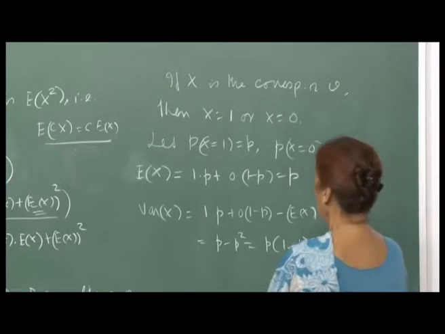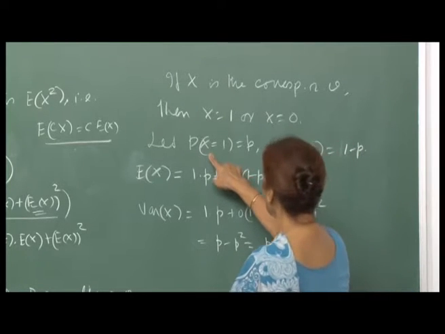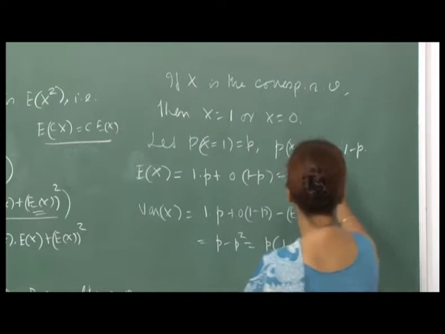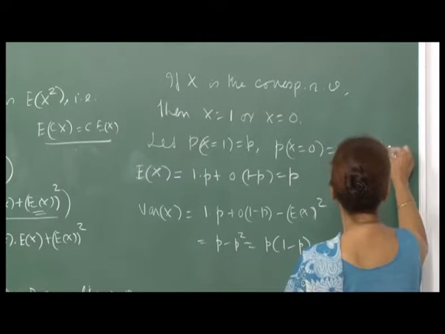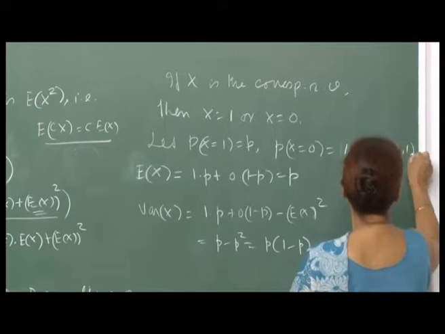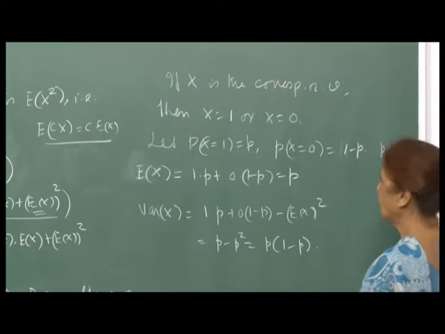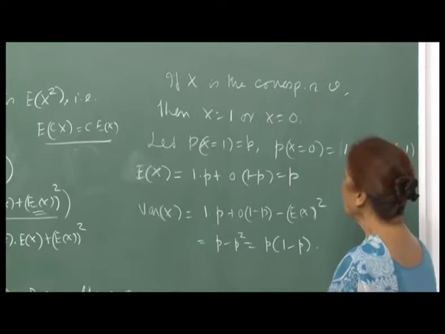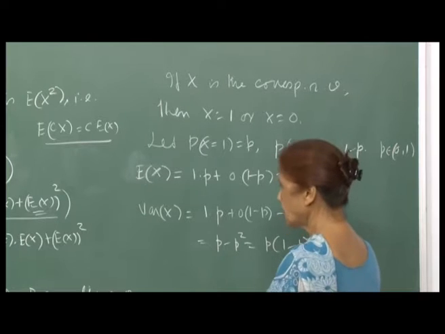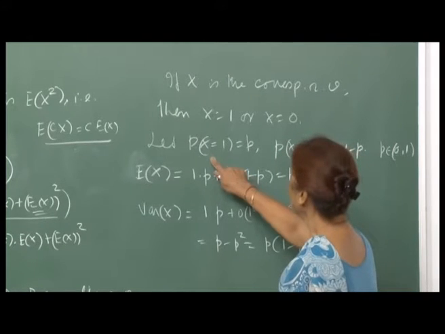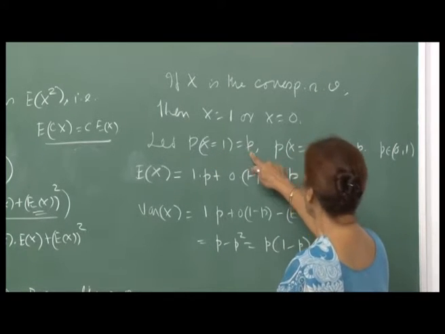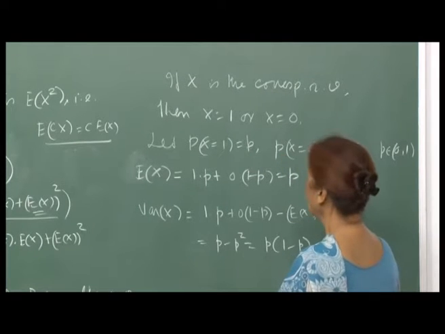Okay. And then let us say that the probability P(x equal to 1) is p, where of course, p is a number which belongs to the open interval (0, 1), that means p is not 0. So, I am defining a meaningful random variable or a meaningful experiment in which the outcome is either a success or a failure, and so the probability of x equal to 1 will be p, and the probability of x equal to 0 will be 1 minus p.